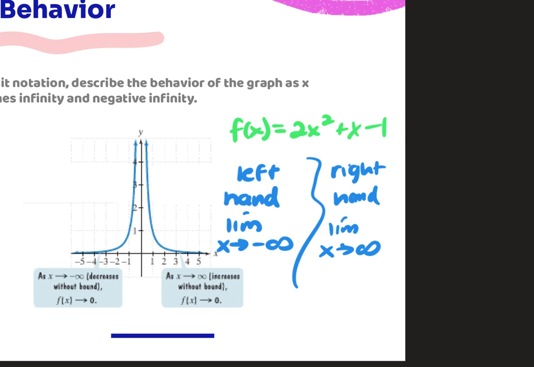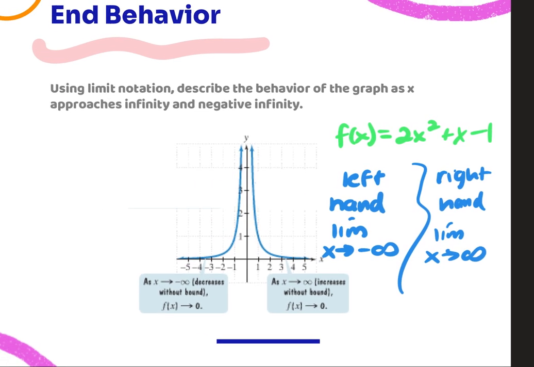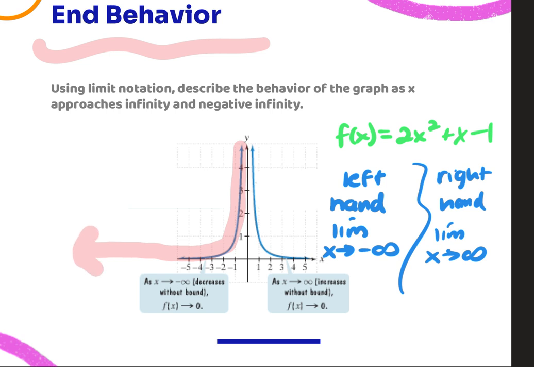And then what we say the limit is, is what's happening to the y's on that side of the graph. So if I look at the example that's here, if I go to the left of my graph, because that would be left-hand behavior, my y values start high, but then they get lower and lower.